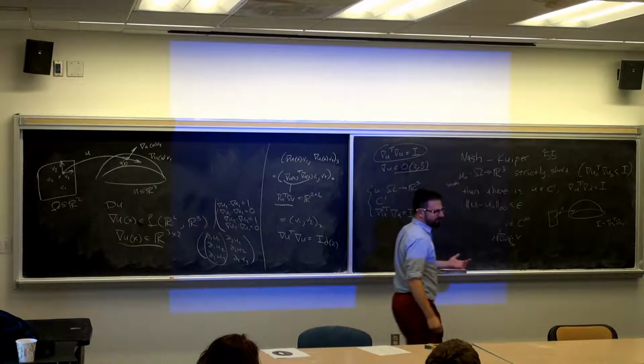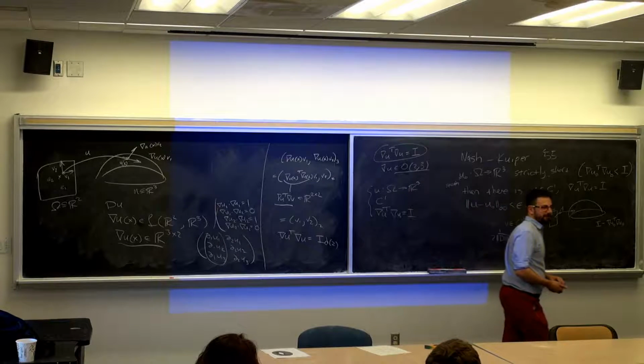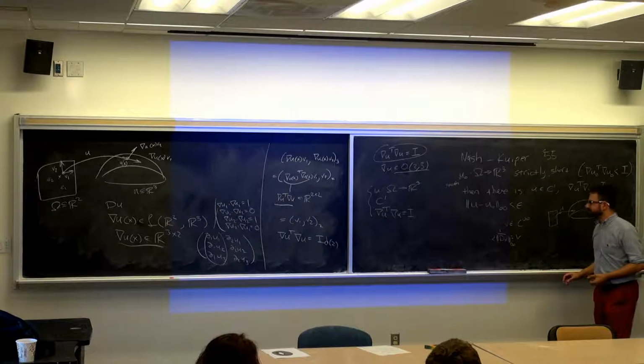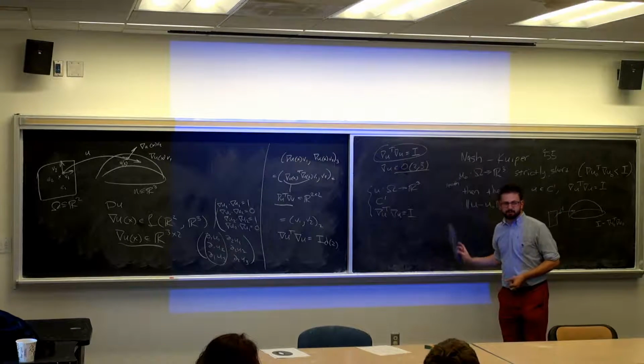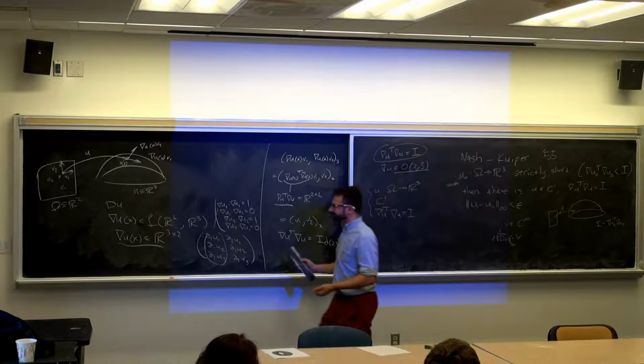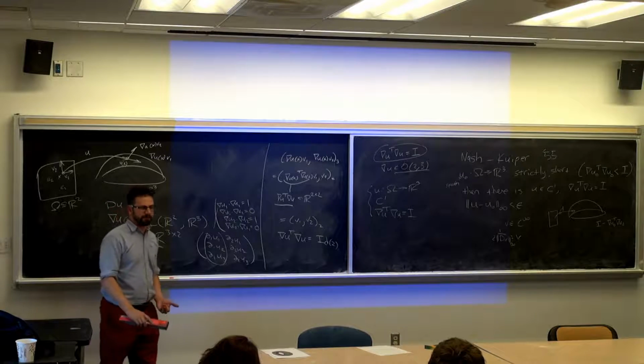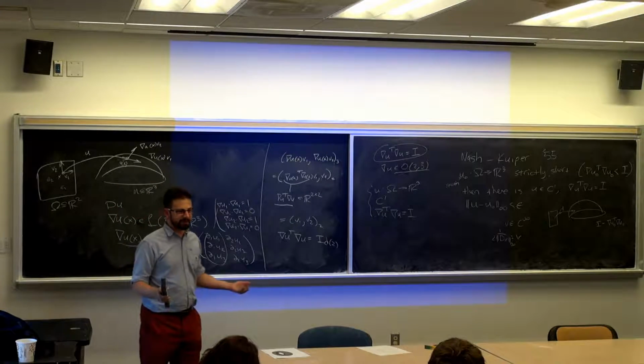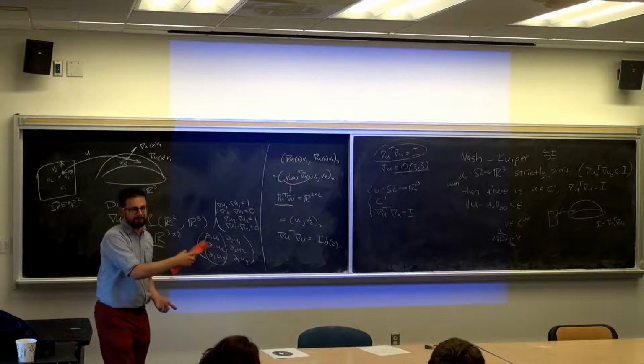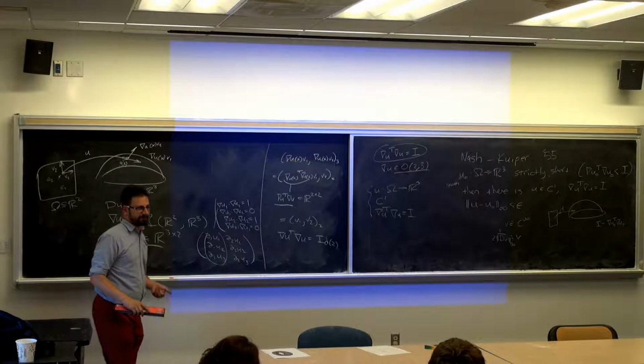So some of this is really weird. This theorem of Nash and Kuiper was proved in the 50s, and it was really non-constructive. People couldn't imagine what these things looked like.